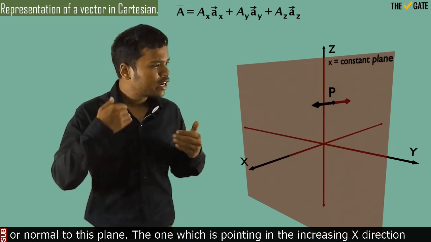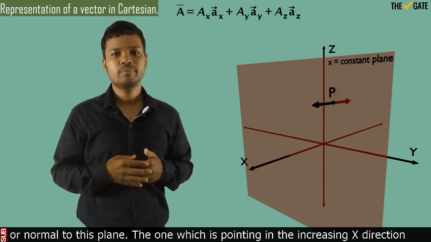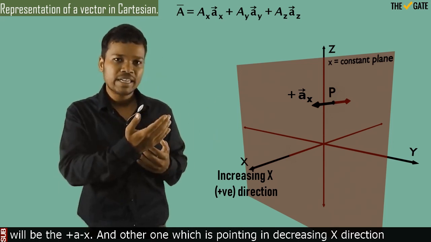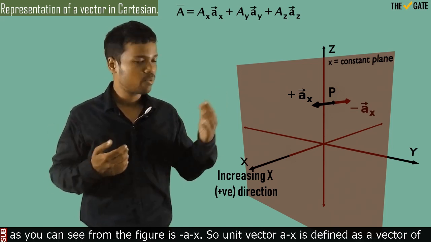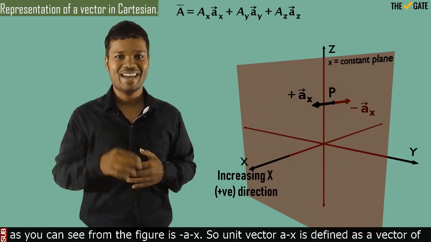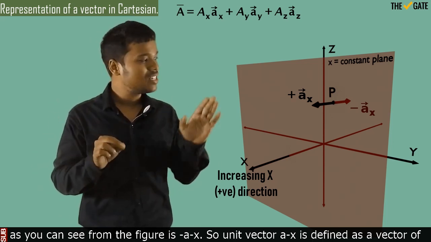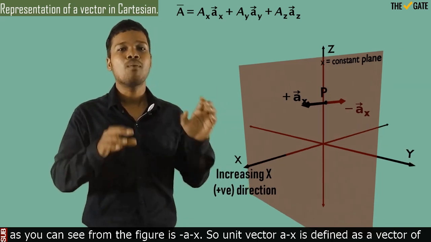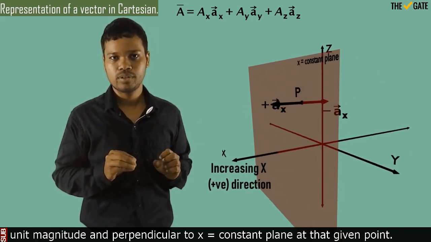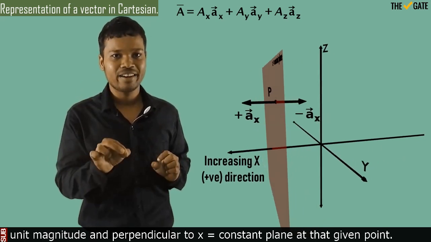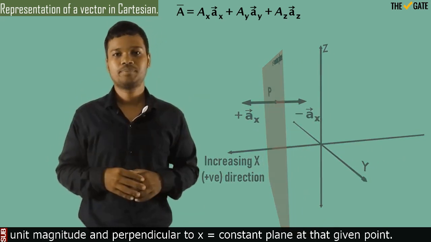The one which is pointing in the increasing x direction will be the positive ax, and the other one which is pointing in the decreasing x direction, as you can see from the figure, is minus ax. So unit vector ax is defined as a vector of unit magnitude and perpendicular to x equal to constant plane at that given point.